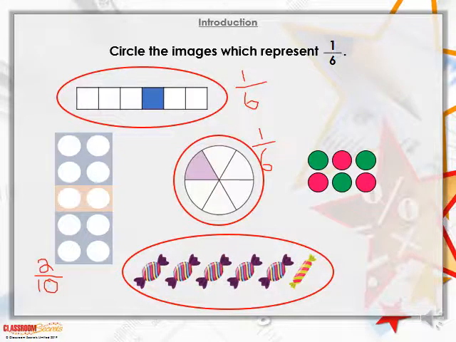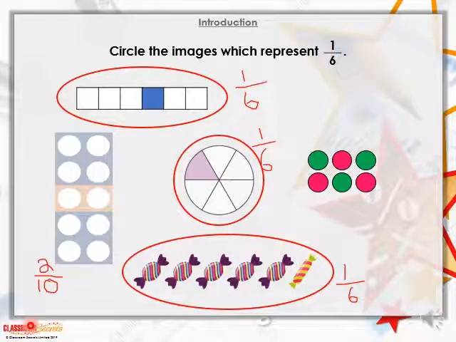So we've got 6, and then we've got 1 slightly longer looking sweet.